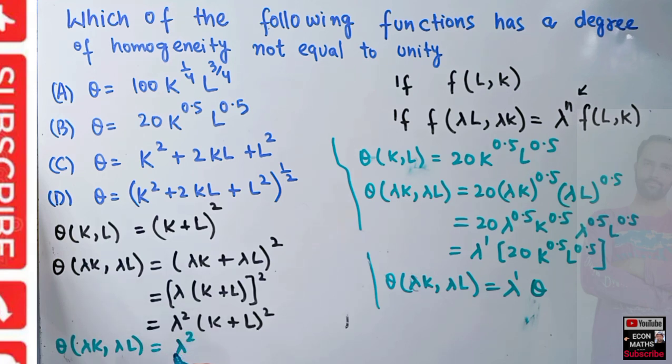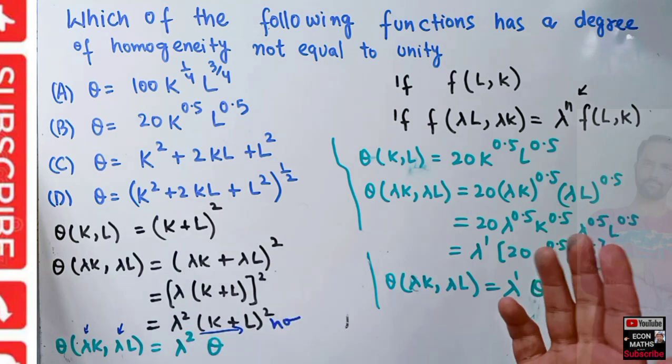We have lambda raised to the power 2 times Q. Here you can see clearly that this function is not homogeneous of degree 1, because when each factor was multiplied by lambda, our output got increased by lambda squared. So this function is homogeneous of degree 2.